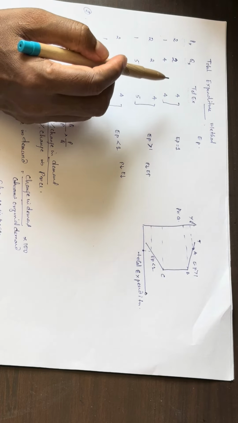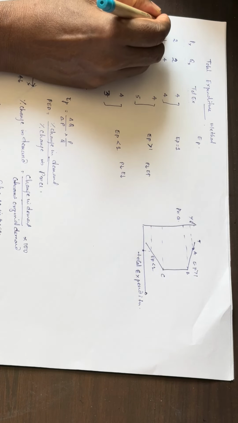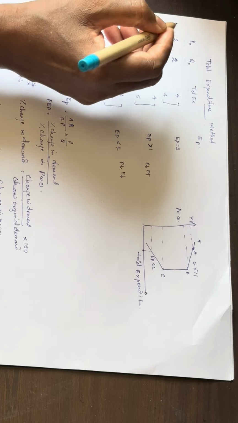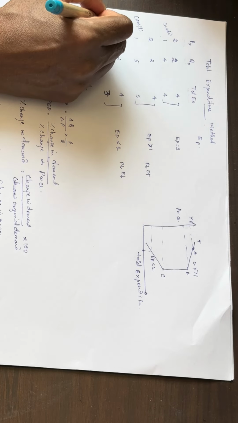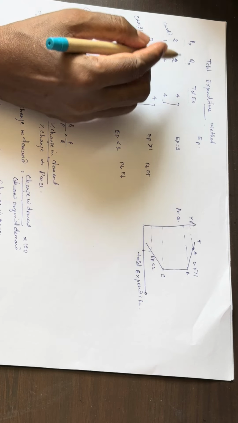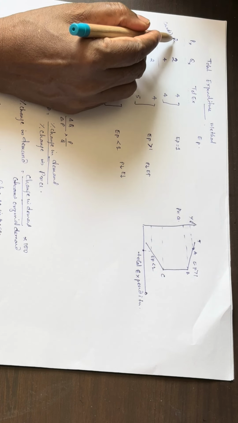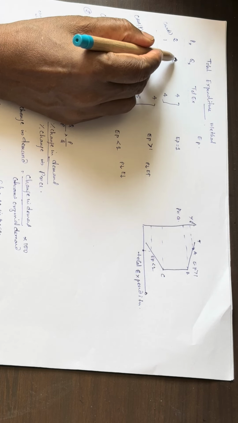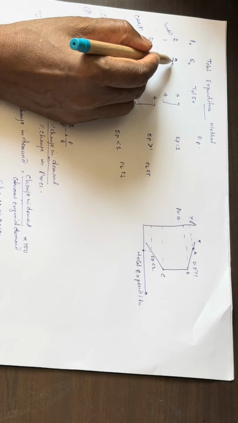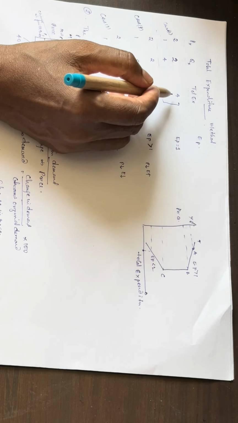Now with the price, there are three cases: case 1, case 2, and case 3. In the first case, when the price is 2 rupees, the quantity purchased was 2 units, and the total expenditure was 4.